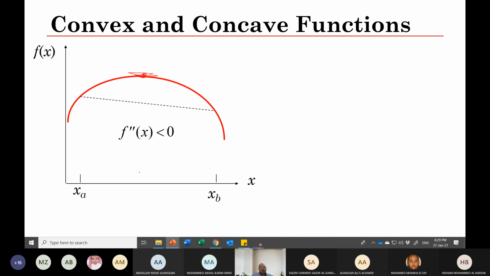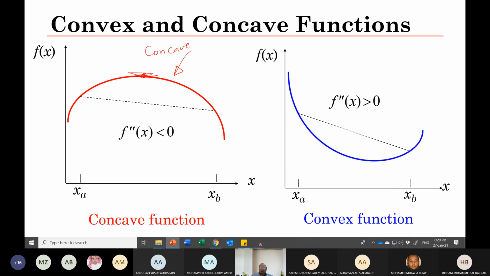There is a maximum value here, and this is called concave. Let us see the opposite. This is the concave function, and this is the convex function. You have a local minima here, so the function is convex.